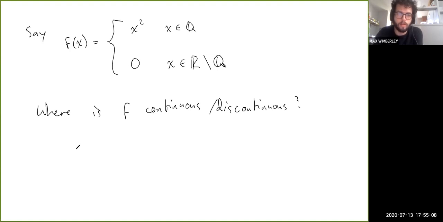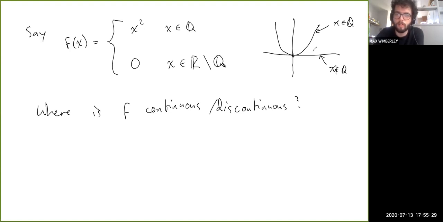First of all, let's think about what it looks like. We have a parabola, and this is where all the points where x is in Q. And then this is just where x is not in Q, right?